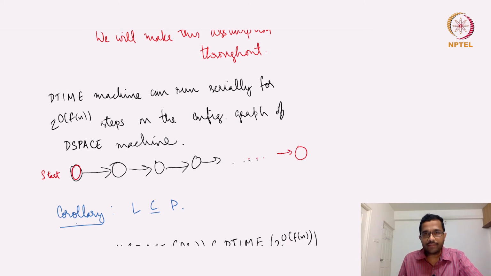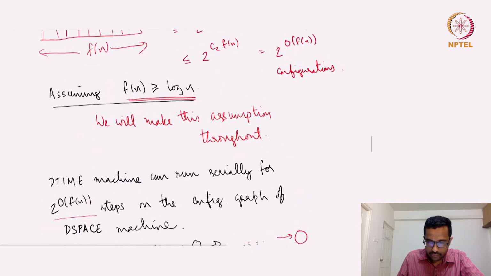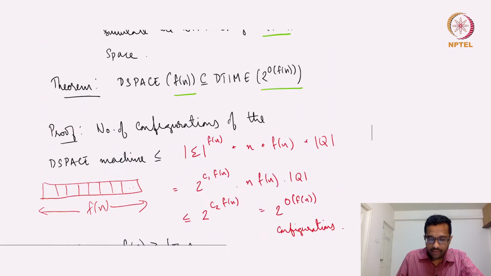If it does not accept by then, that means it is not going to accept any longer. If it rejects by then, that's also fine, right? So this simulation will take at most 2 power order f(n) steps. That's why deterministic space of f(n) is contained in deterministic time 2 power order f(n).